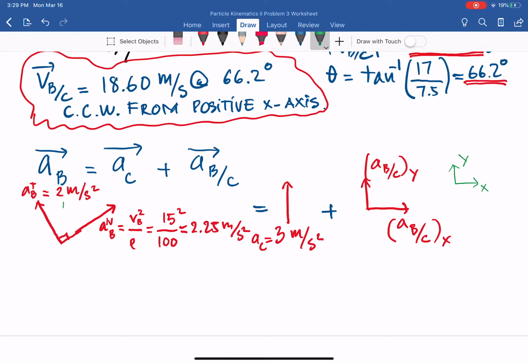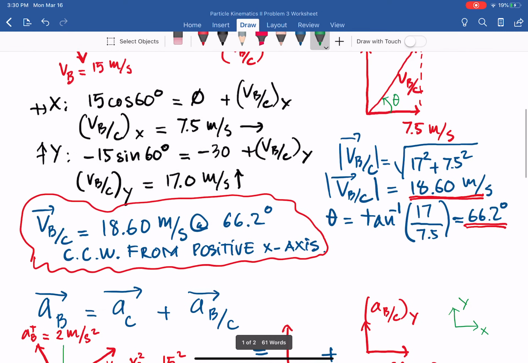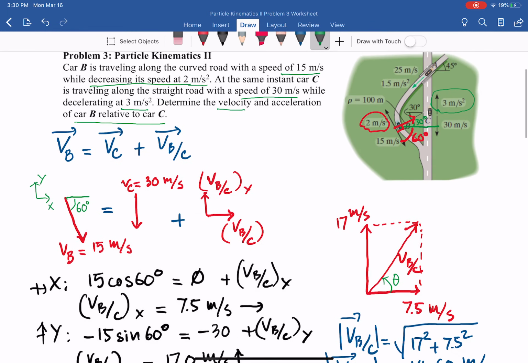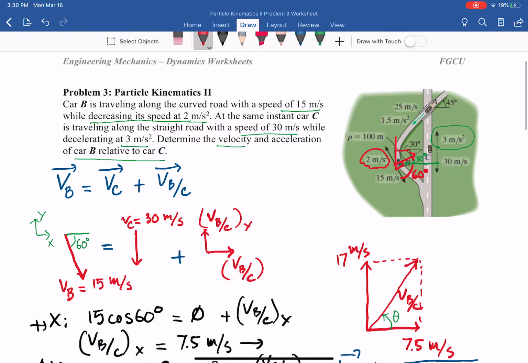When we use scalar projection, we zoom out here and we have two angles. If we consider this a right triangle, this is 30 degrees, so that one has to be 60 degrees. And since it's a right angle between the normal and tangential, that angle has to be 30 degrees.